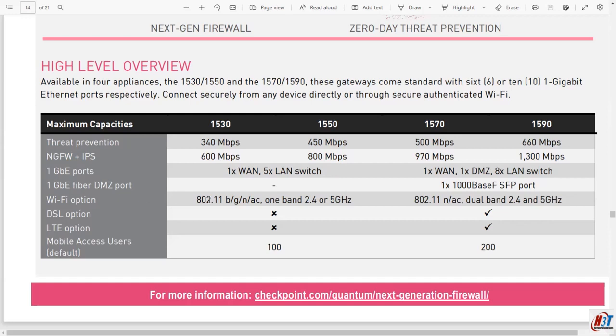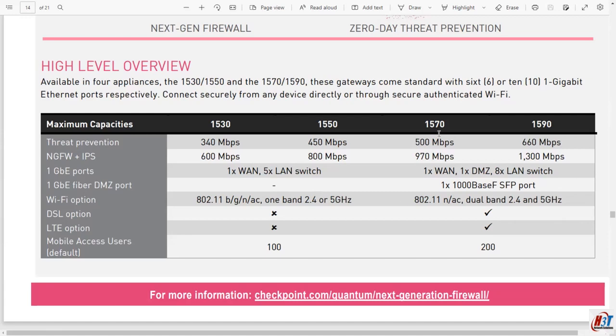Now you have Wi-Fi options on both. The 1530 and 1550 get 802.11 BGN and support BGN and AC bands, one band for 2.4 or 5 gigahertz. So you can choose, you cannot run both at the same time.